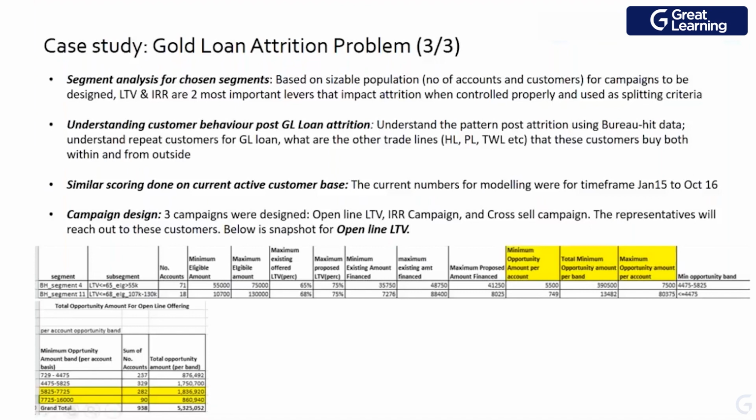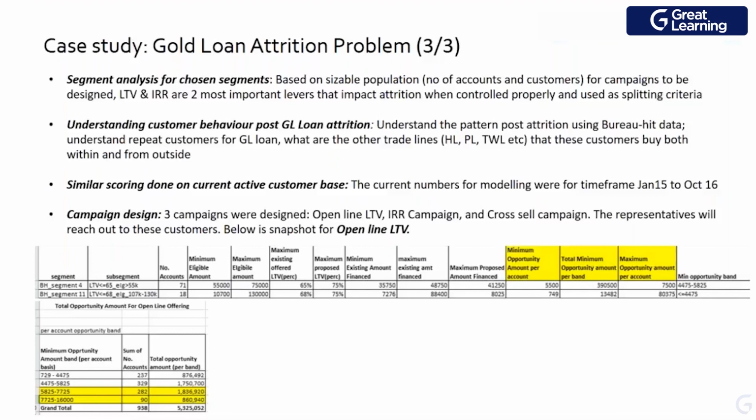We understood the patterns post attrition, and we saw that these repeat customers for gold loan were also looking for some other trade lines within the client organization. They were typically HL, which is home loan, PL, which is personal loan, and TWS, which is two-wheeler loan. These are usually high ticket items when you compare them with a gold loan.